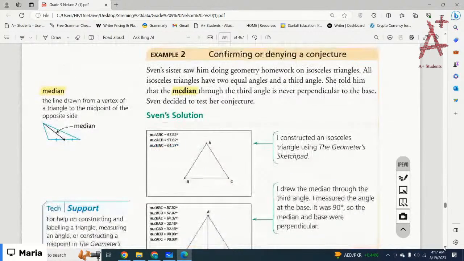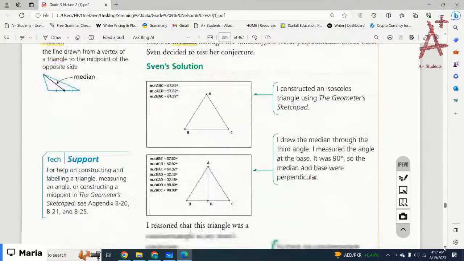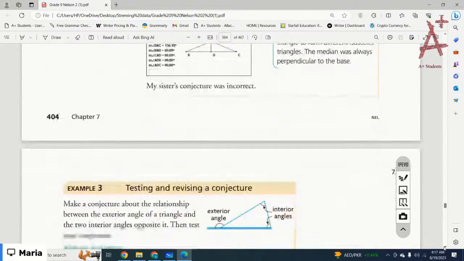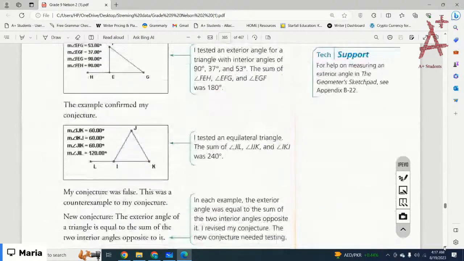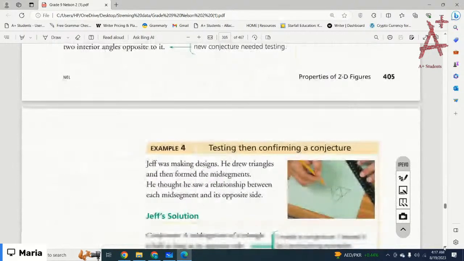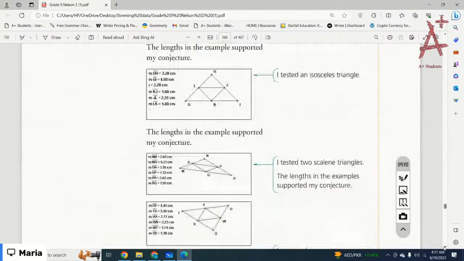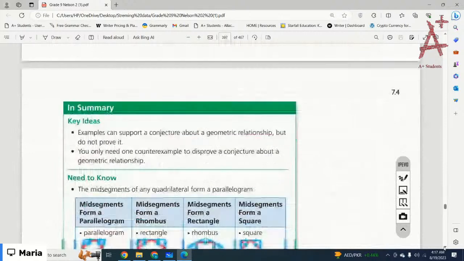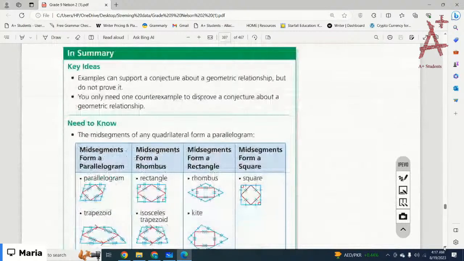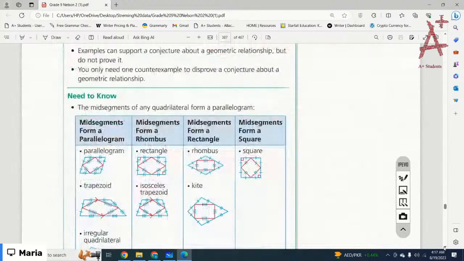A line drawn from the vertex of a triangle to the midpoint of the opposite side is known as a median, right? Examples can support a conjecture about a geometric relationship but do not prove it.